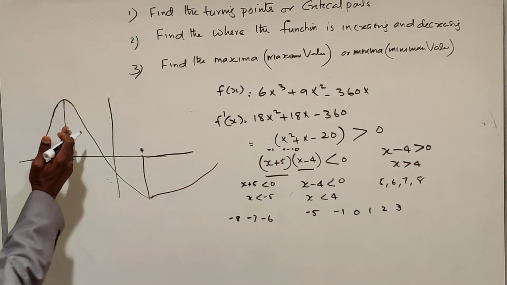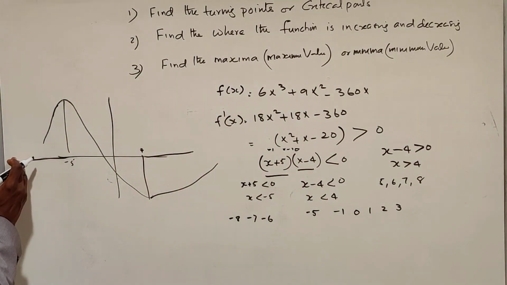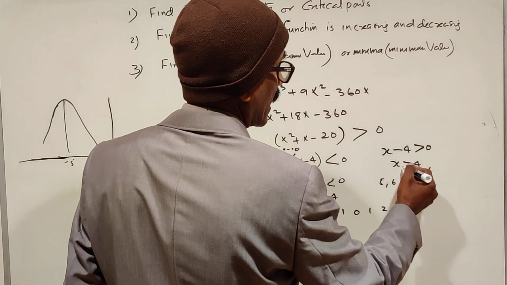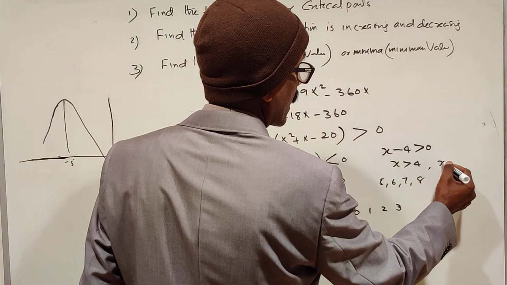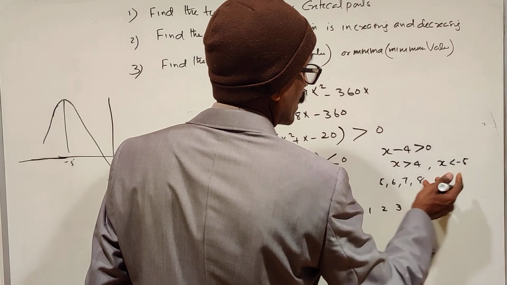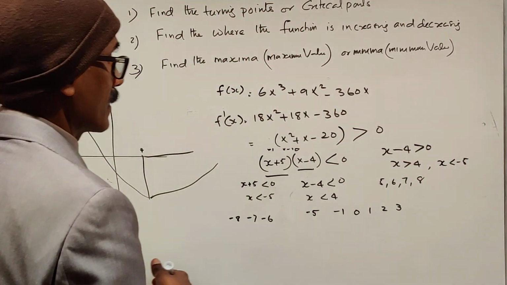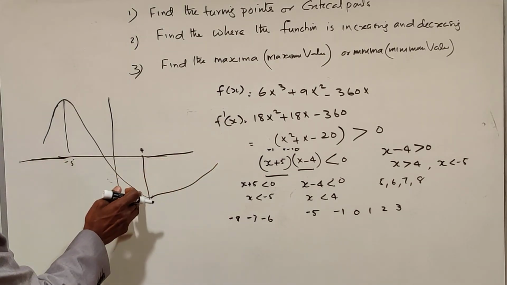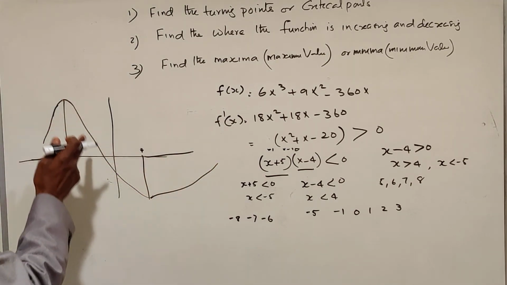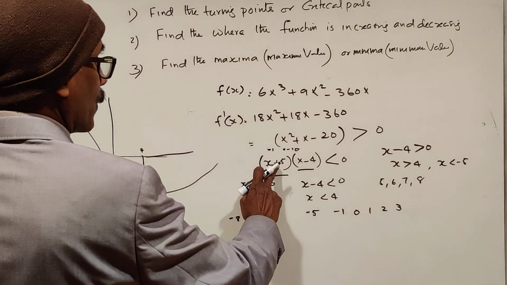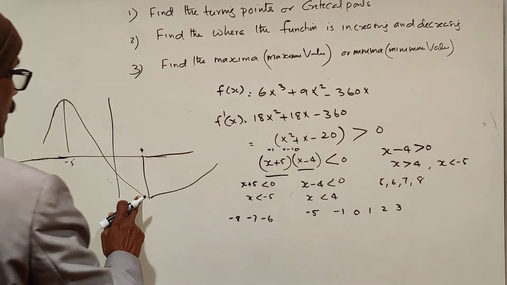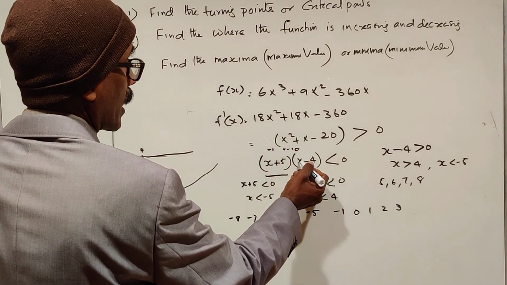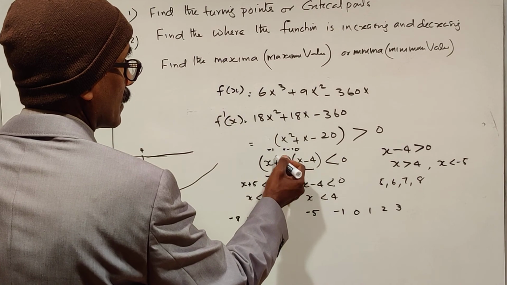So, if it is less than negative 5, the function is increasing, and x greater than 4 also increasing. This one is increasing. This portion is also increasing. In between, let us check. Negative 4: when you substitute negative 4, this is negative, this is positive.